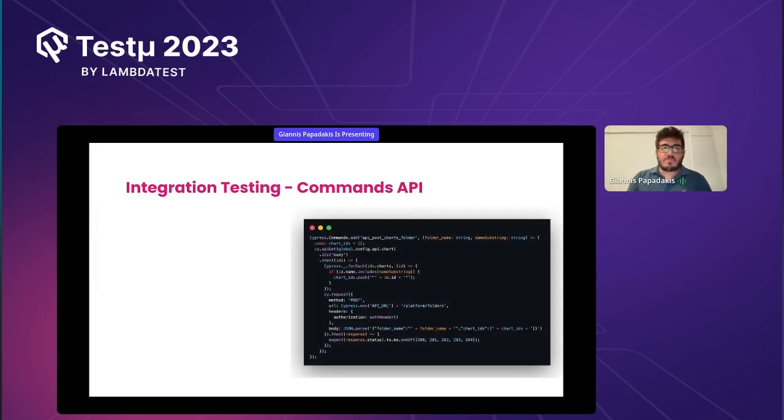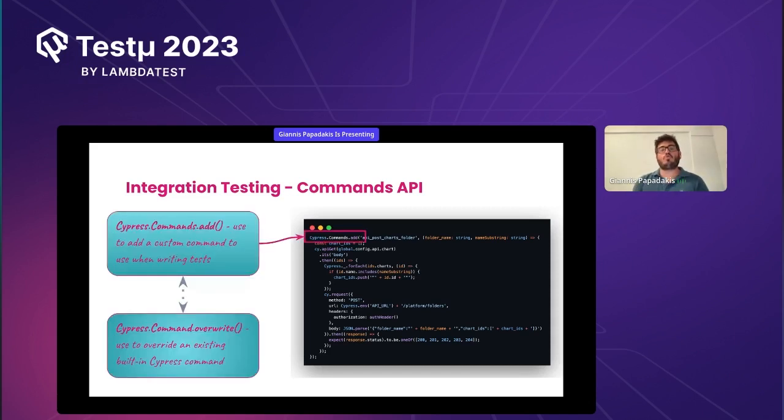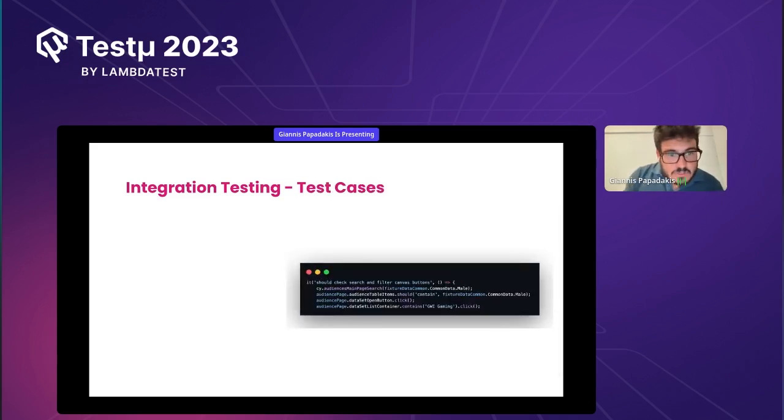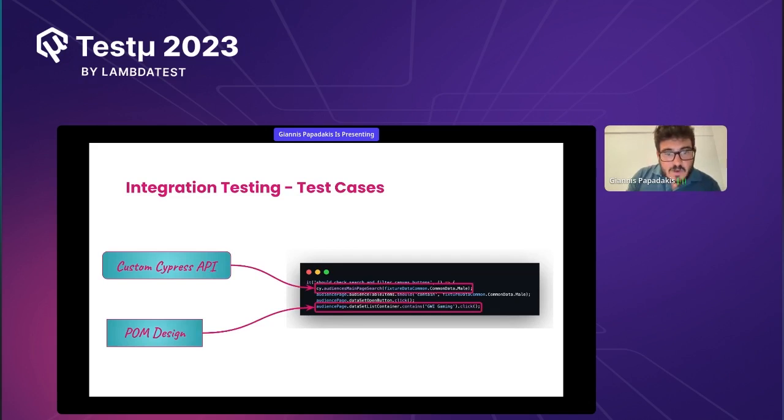Another example, this is a commands API. We use the request API from Cypress to do API calls and make sure we have some type of API testing with a backend for its micro-frontend. And I will go a little bit further, then you will see the test. This is the final test.